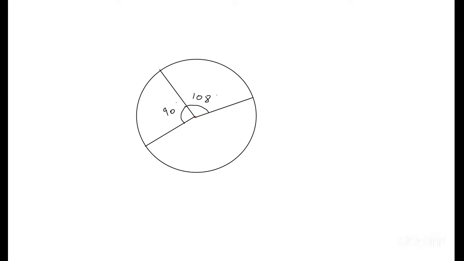Again, place the protractor's center on the center of your circle, and locate 75-degree angle. Mark the point on the circumference where 75 is coming, and then join it with a line.